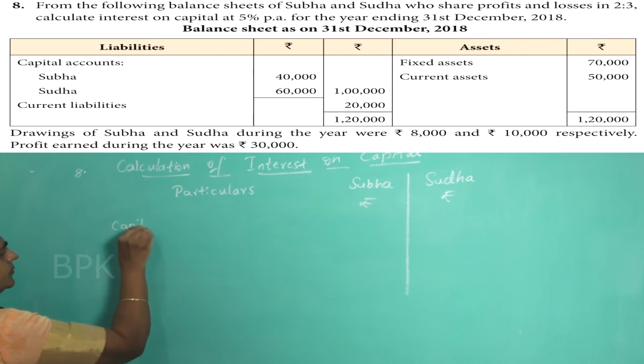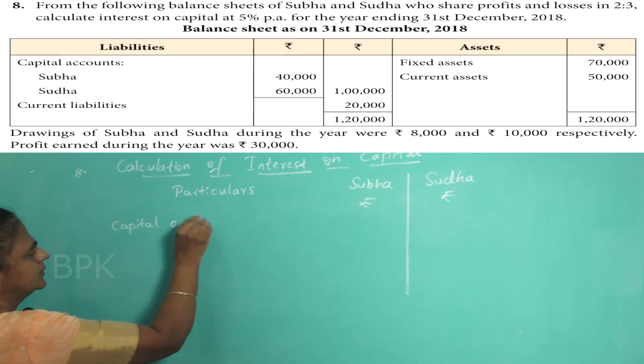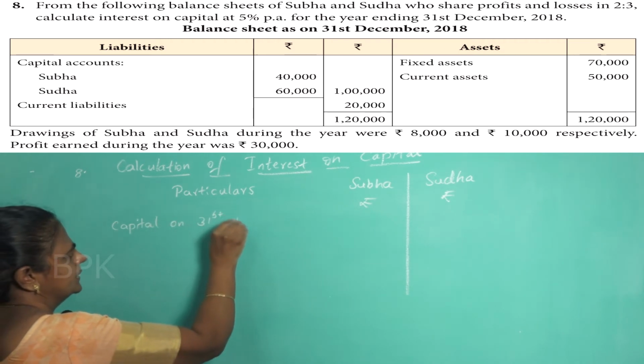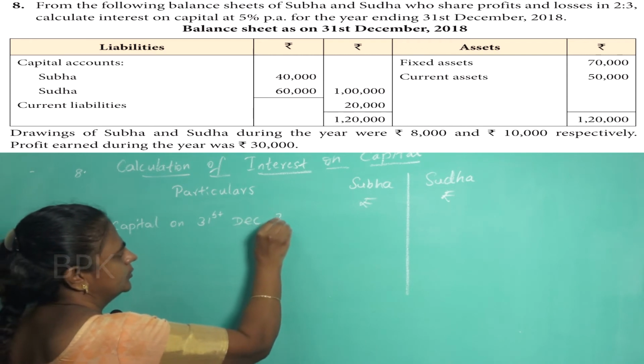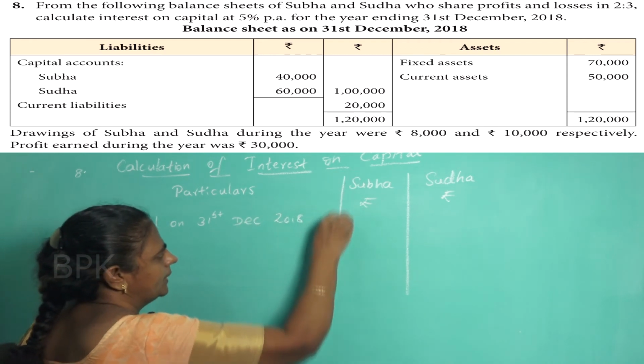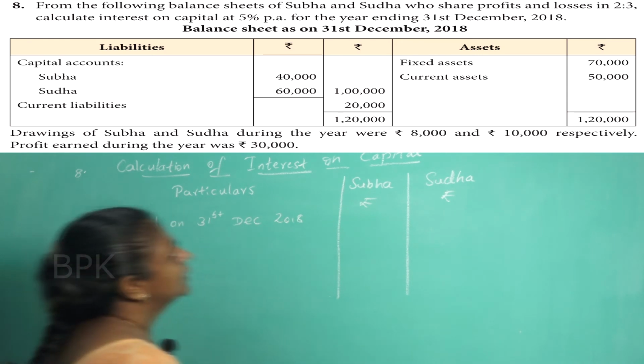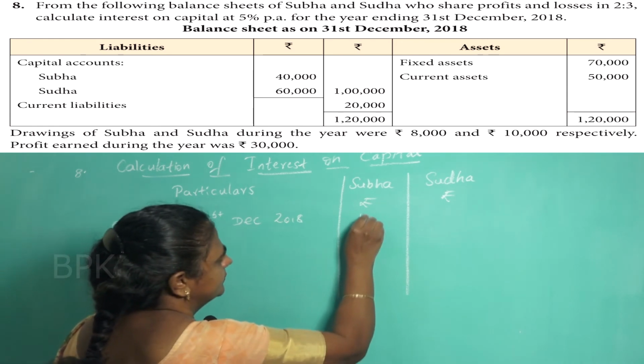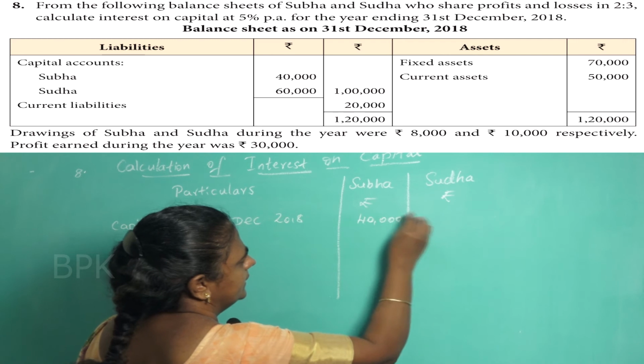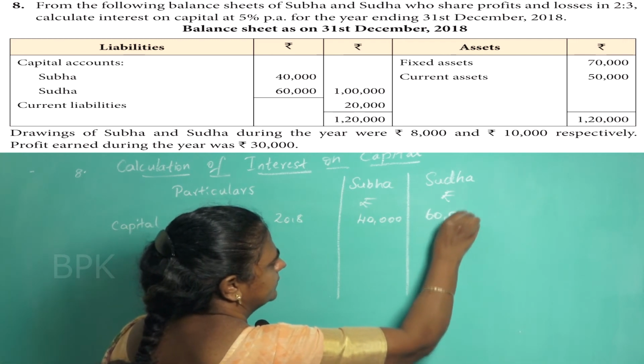Capital on 31st December 2018 is given for both the partners, for Subha and Sudha. How much is the capital? 40,000 and 60,000, it is given there.